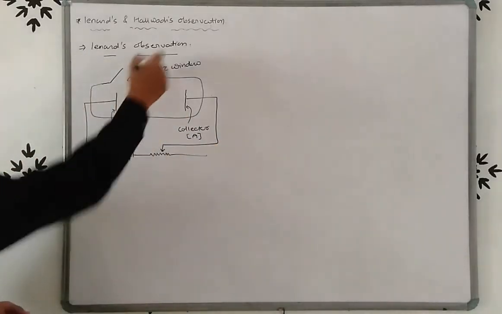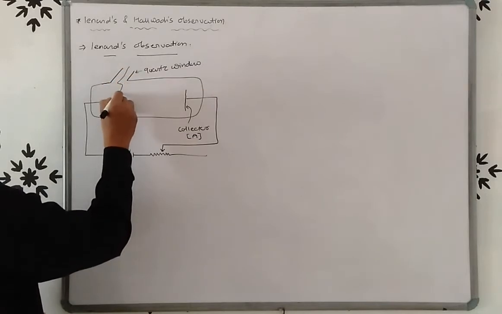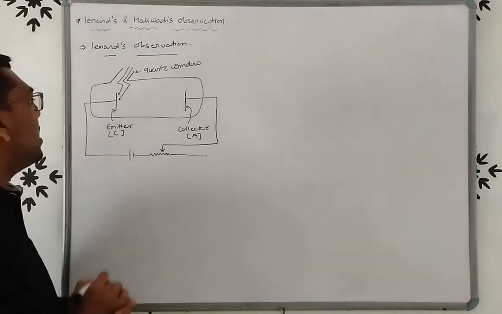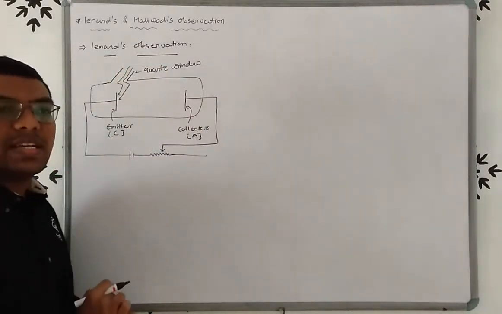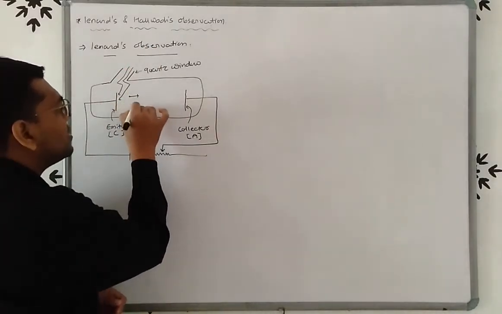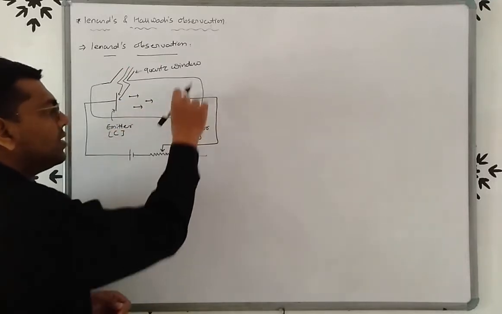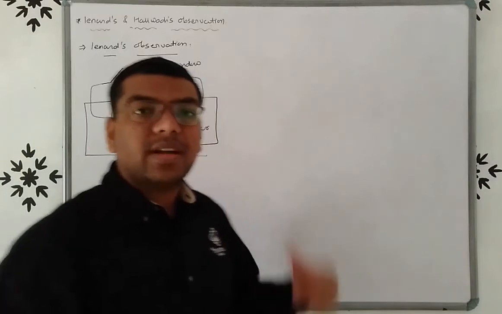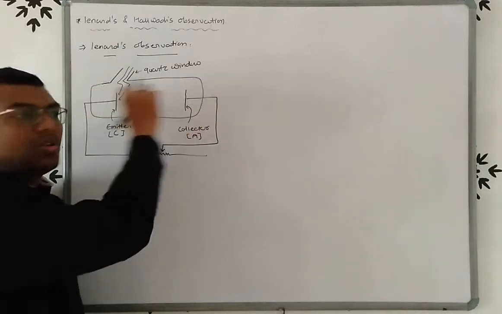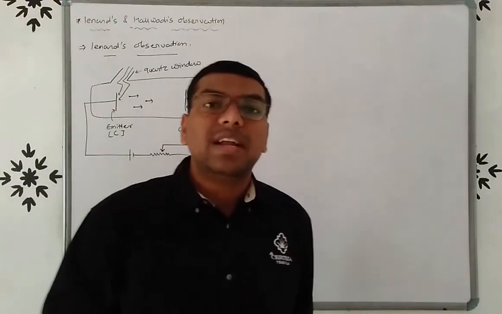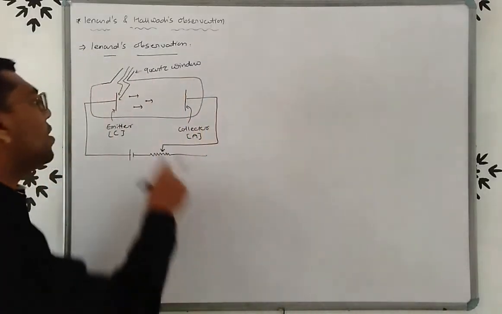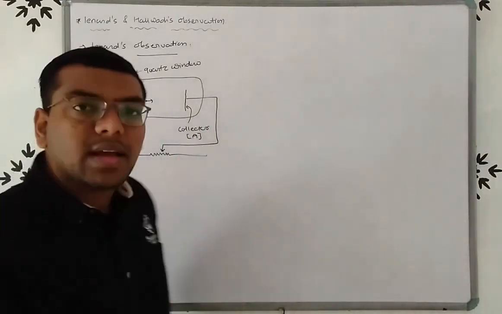Now friends, from this quartz window we apply the UV rays. Now what happened? As we apply these UV rays, they are incident on the emitter, which emits the photoelectrons, right? Now friends, here the collector is kept positive with respect to the emitter. So due to this, these photoelectrons travel towards the collector. And we know that if the electrons travel, then there is a flow of current. So here there is a flow of current from emitter to collector.